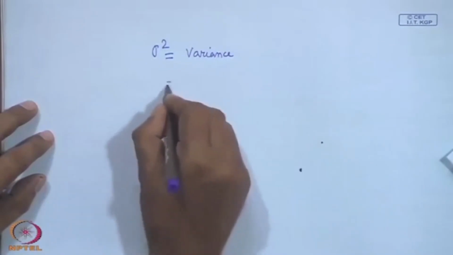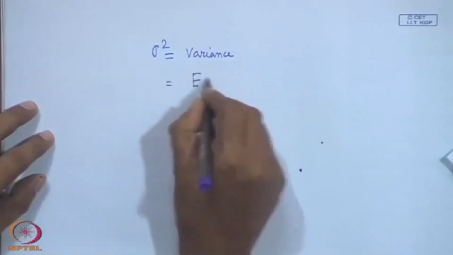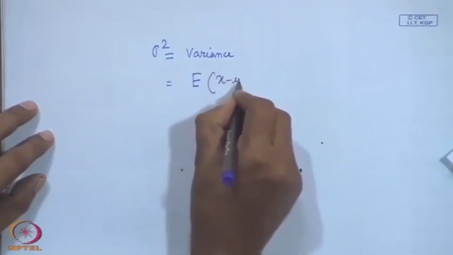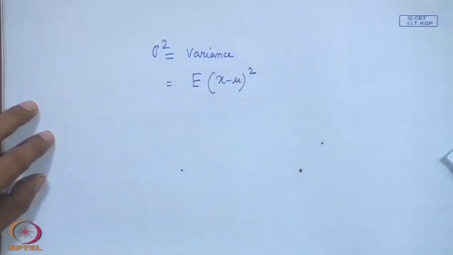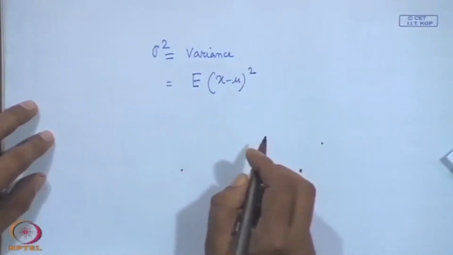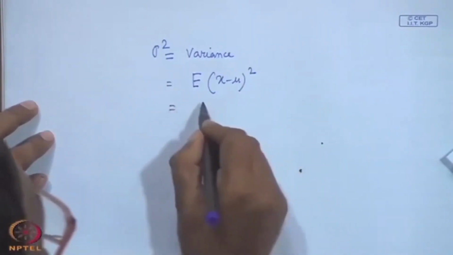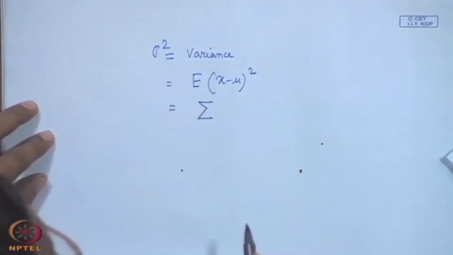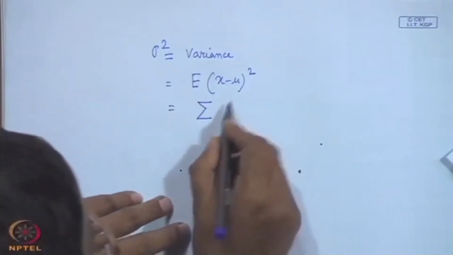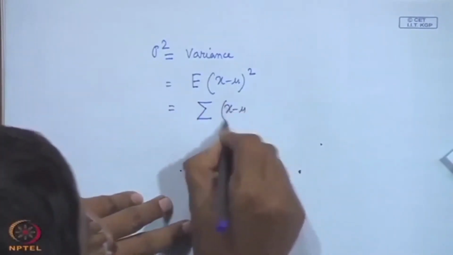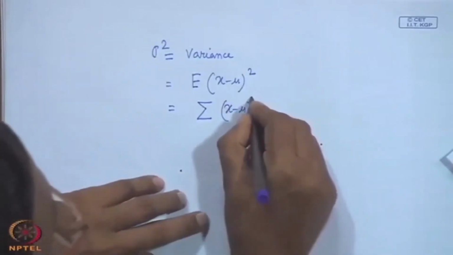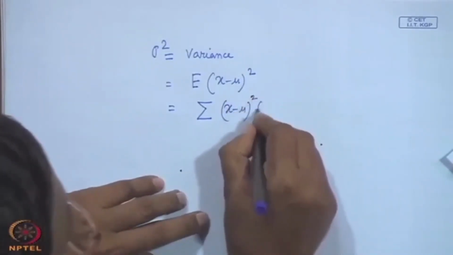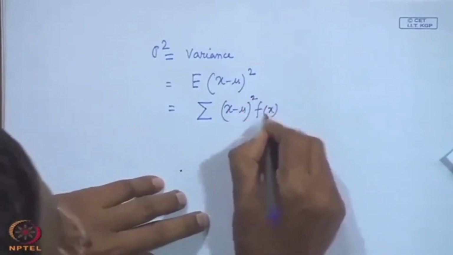What is variance? Variance is the expected value of x minus mu whole square. For the discrete case, you will write the sum of x minus mu whole square f x.